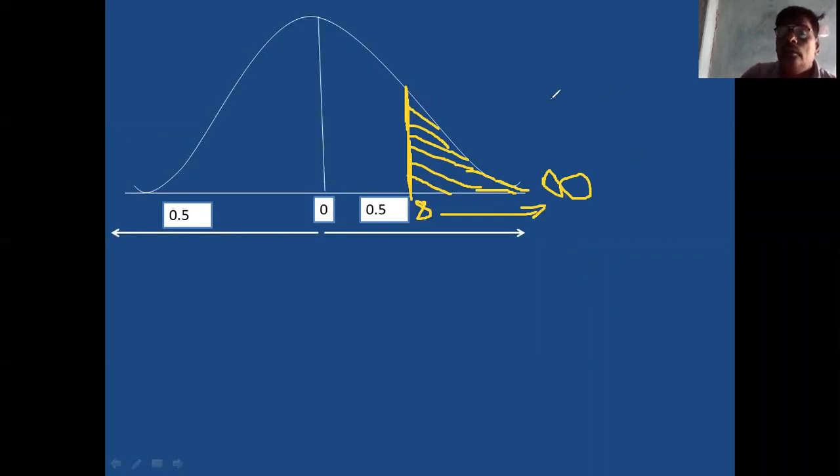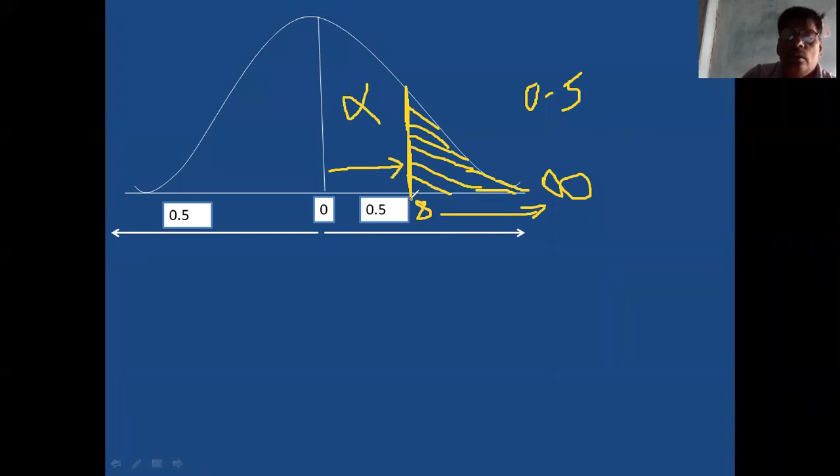At that time, what is the area between 0 to infinity? 0 to infinity area is 0.5. So out of 0.5 area, this area is not required. Therefore, out of 0.5, you deduct the answer from the table.